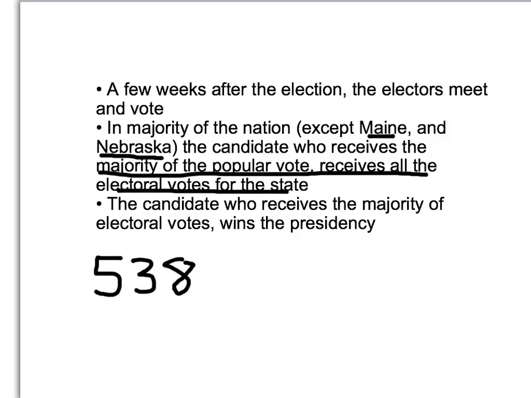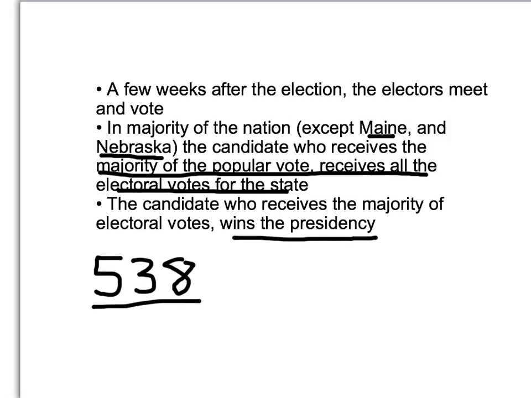So remember, Wyoming, Montana, North Dakota, South Dakota, Alaska, they have 1 House of Representatives and 2 senators, so they get 3 votes. They decide that the people in Washington, D.C. should be allowed to be represented in the Electoral College, 3 votes. Therefore, it becomes 538. So whoever receives the majority, simple majority, of the electoral votes wins the presidency.